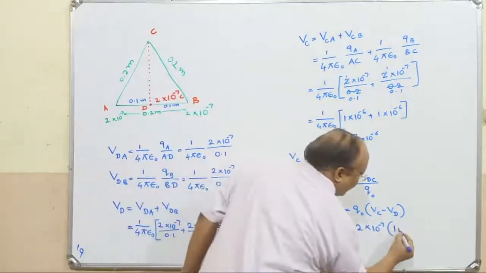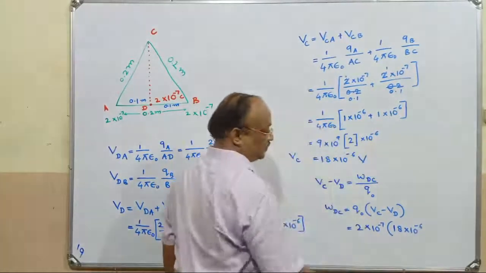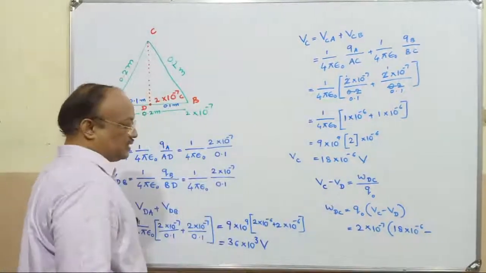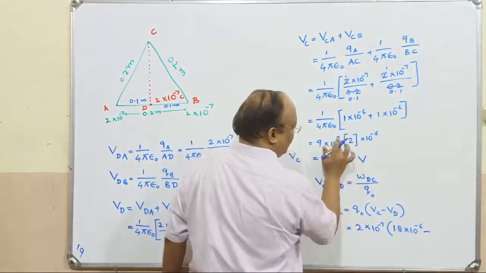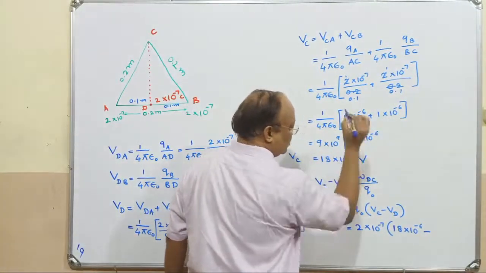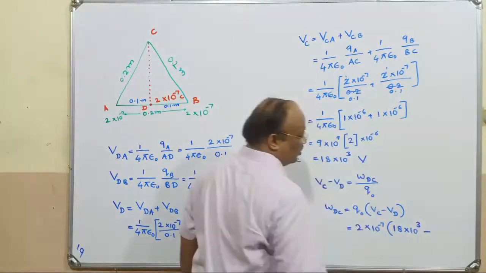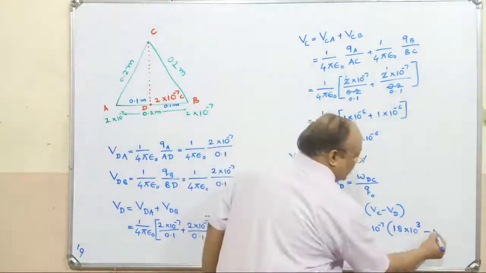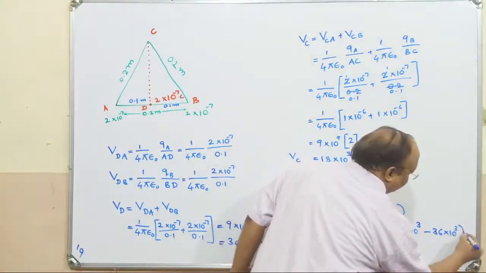It is 18 into 10 to the power of 3 minus VD, which is 36 into 10 to the power of 3.